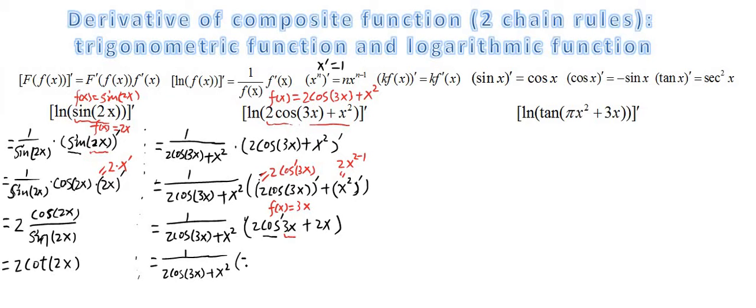We have 2 times the derivative of capital F. Here the derivative of cosine is gonna be negative sine. f(x) is 3x, times the derivative of 3x, and plus 2x.